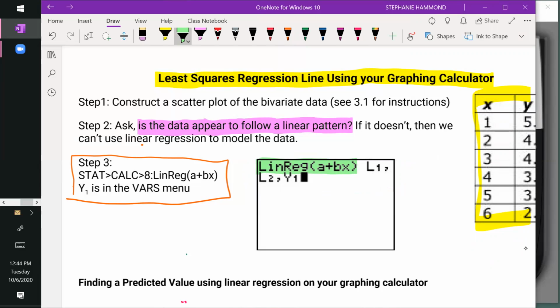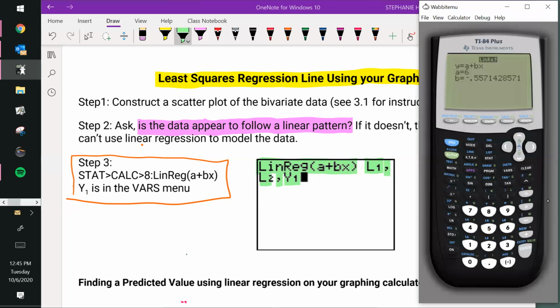And then you need to add to that L1, indicating where you want your X values to come from. And then you have to add a comma. And then you add L2, which is where we want our Y values to come from. And then another comma, and then Y1 from that vars menu again.